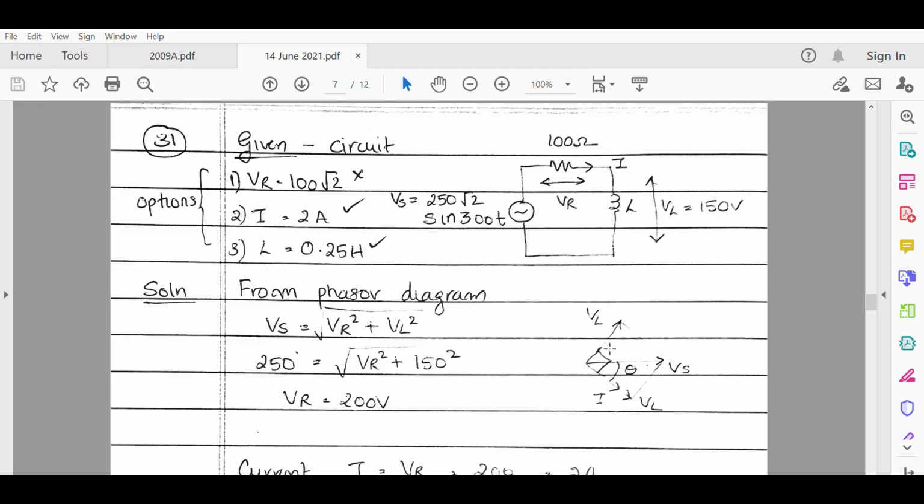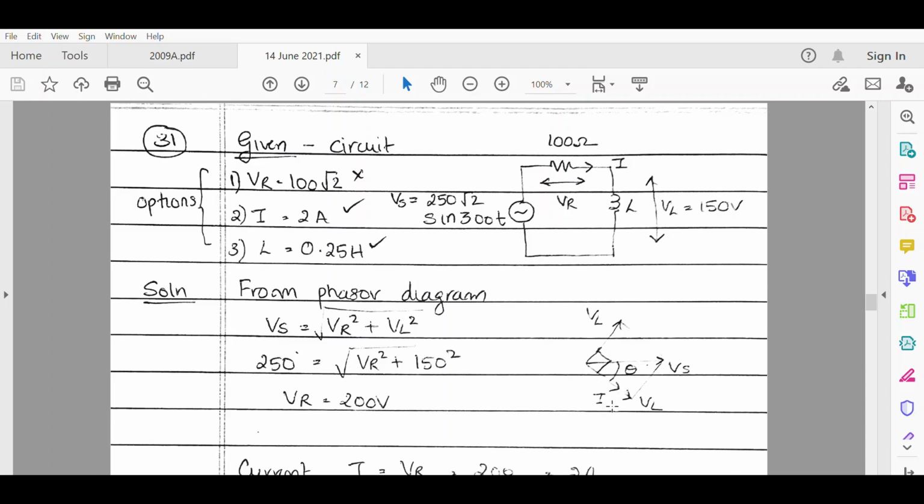In the phasor diagram shown over here, the source voltage, which is equal to 250 volts, is taken as the reference. Since this is a series RL circuit, the current would be lagging and the power factor angle has been taken as theta, and the current phasor is represented over here.